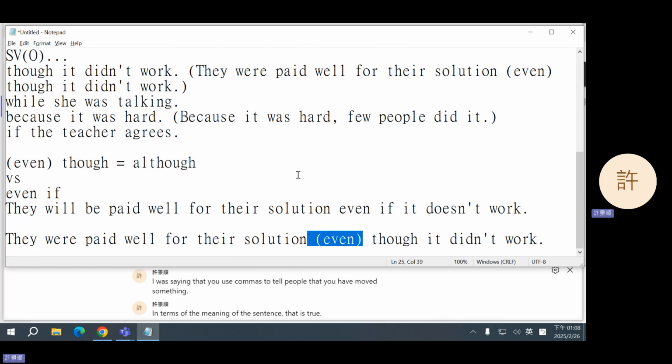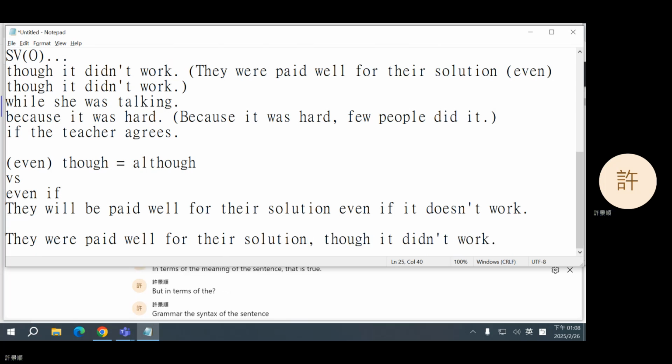But in terms of the grammar, the syntax of the sentence, what the comma is really doing is it's telling the reader which part of the sentence is less important, which part of the sentence is extra information.